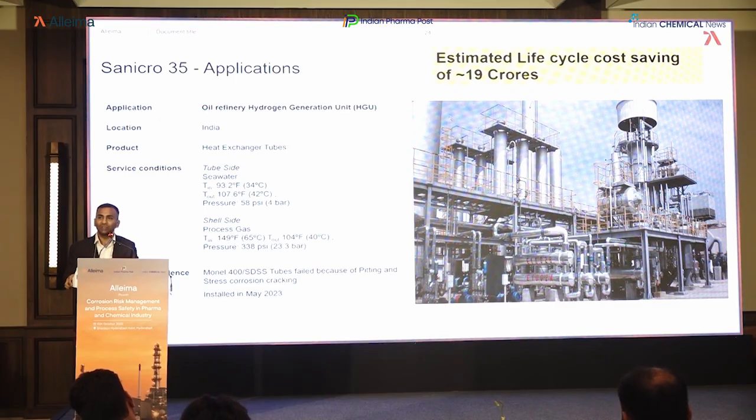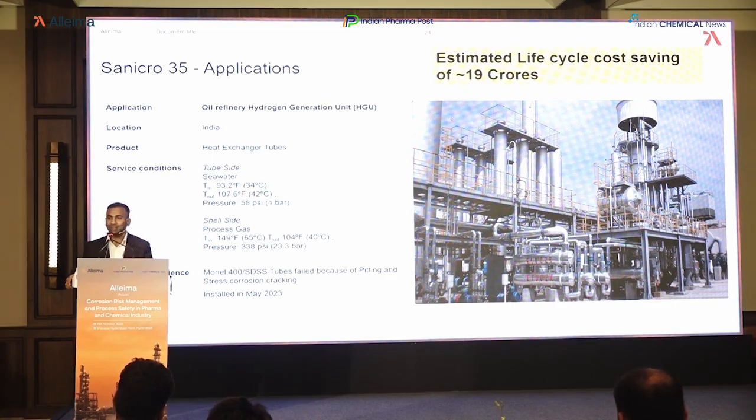Downstream, if there is no hydrogen, nothing will happen. So we suggested using Sanicro 35 tubes, and as of today, it has completed 2.5 years without any failures, leakages or outages. And the refinery itself has proposed that they have got a life cycle cost saving of 19 crores.